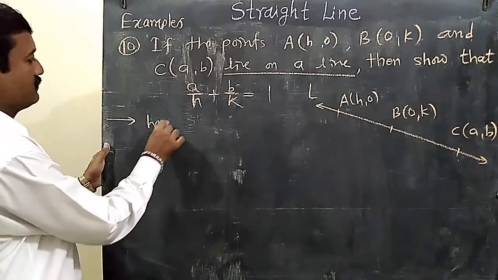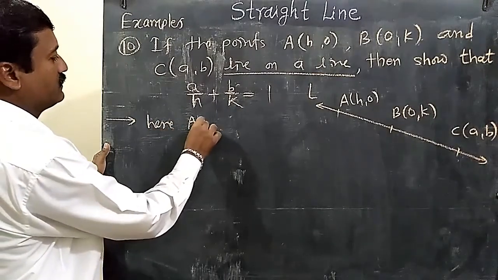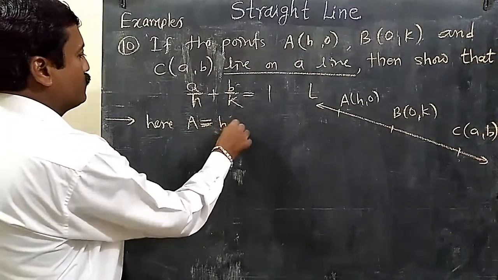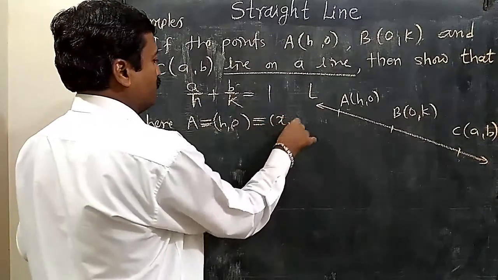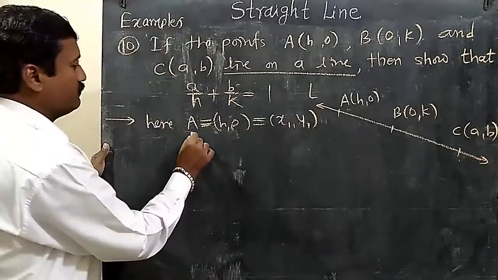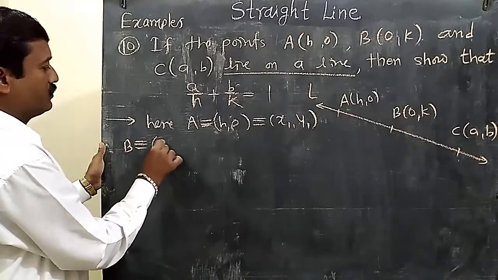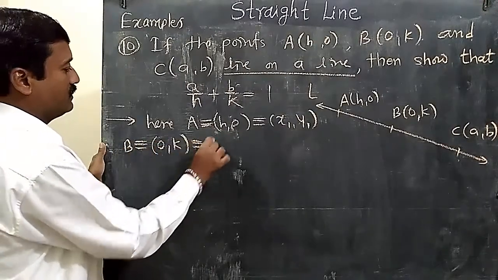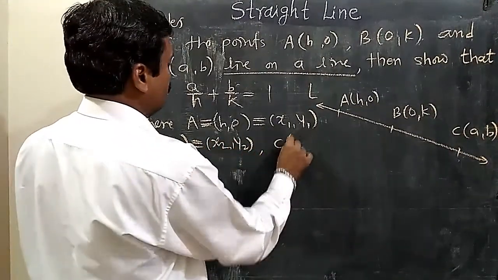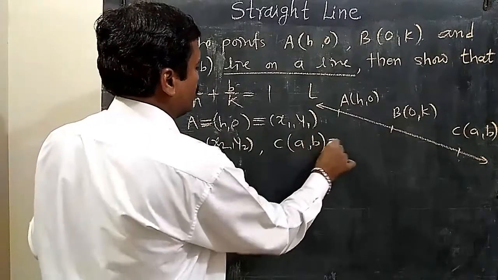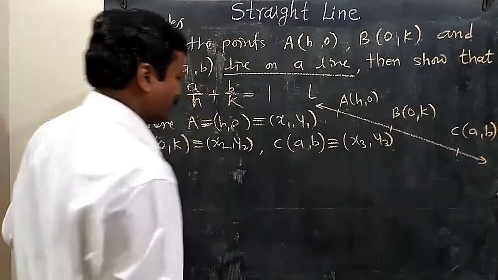Here A is (h, 0). You can consider this as (x1, y1). B is (0, k), which are nothing but (x2, y2). And C is (a, b), which is same as (x3, y3).